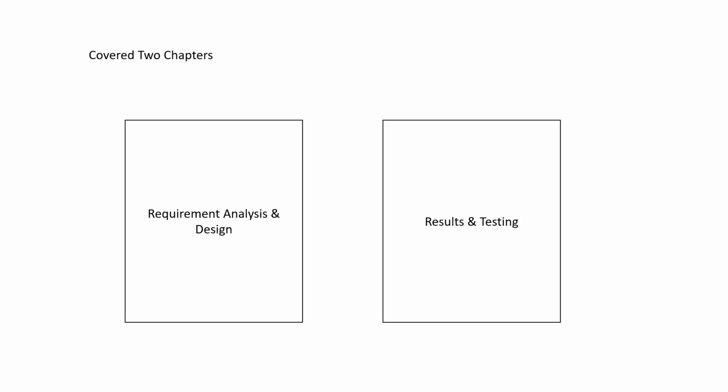Based on that information, I did some analysis and made some designs. Then in the next chapter, results and testing, I found some results, compared them to my expected results, tested them, and did some discussion.